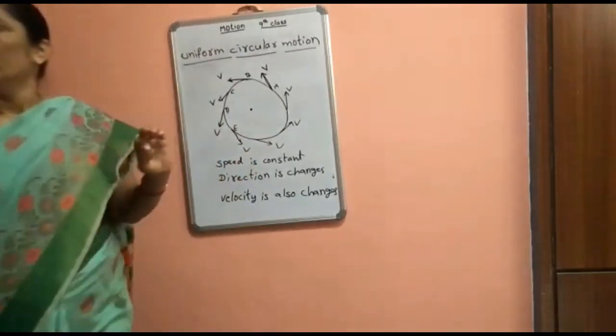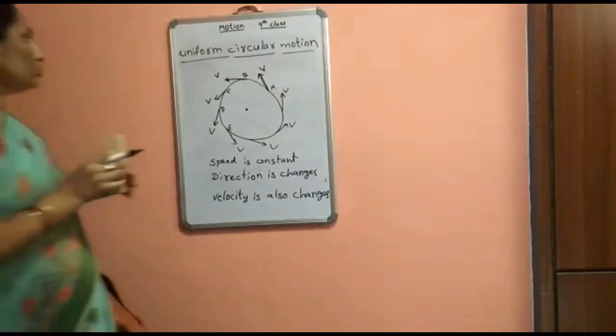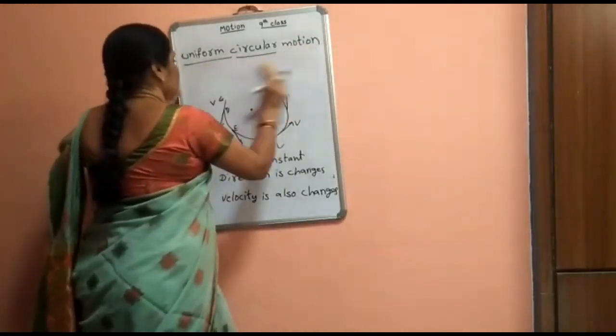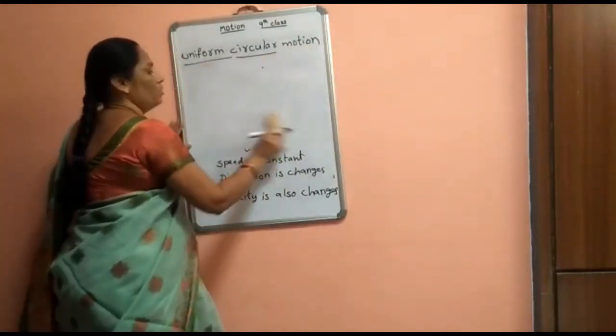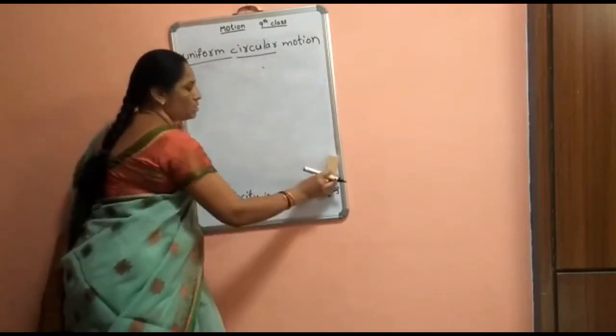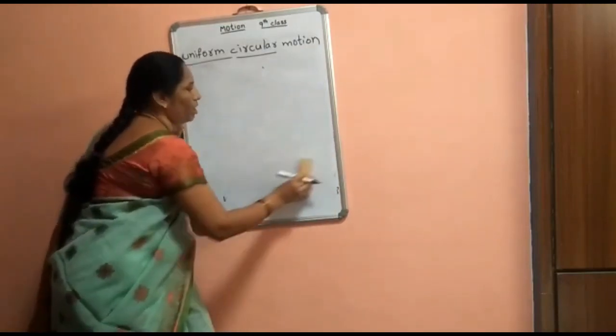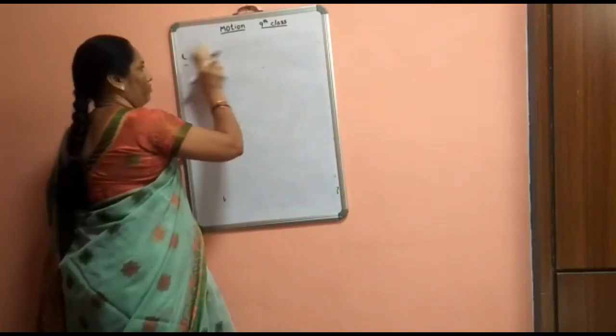Okay. Next, we discuss another object: an object which is thrown from the earth at some angle.